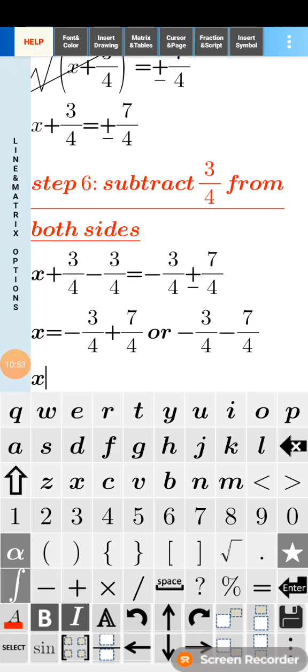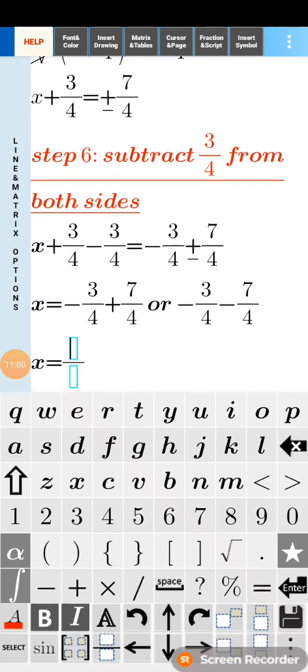So x is equal to my fraction. I will just place them instead of having my denominator. Take note, for the first part before the or, I'm having over 4 in both fractions. That is minus 3 over 4 plus 7 over 4. That means the denominators are the same thing.